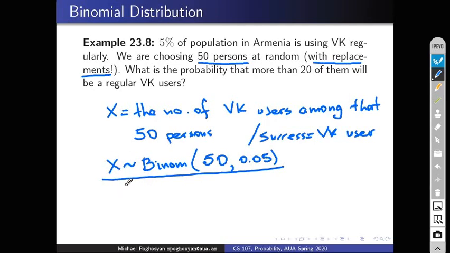So I know the distribution: X is taking the value 0 or 1 or 2, etc., up to 50 with the following probabilities.